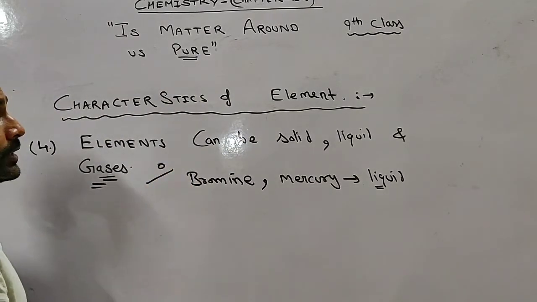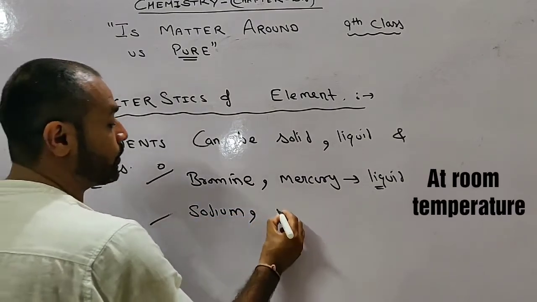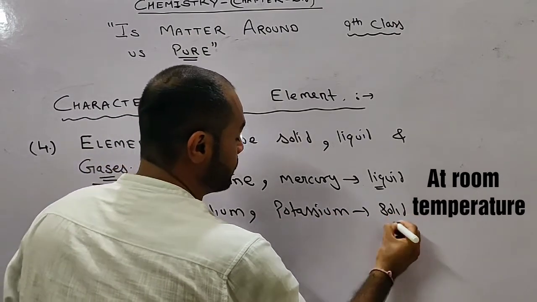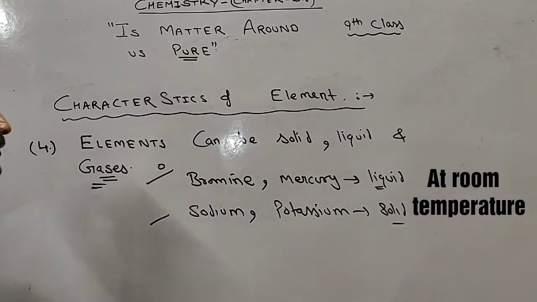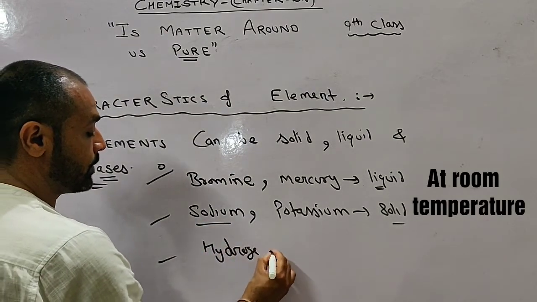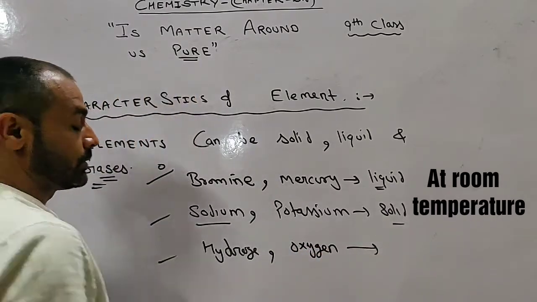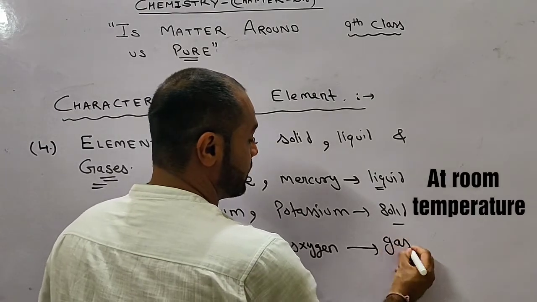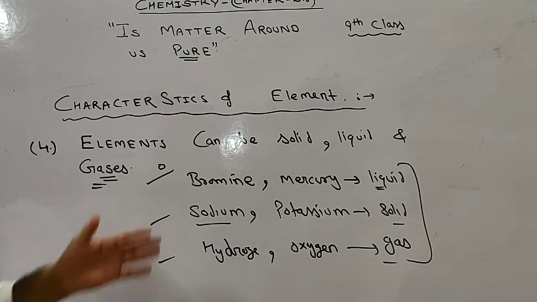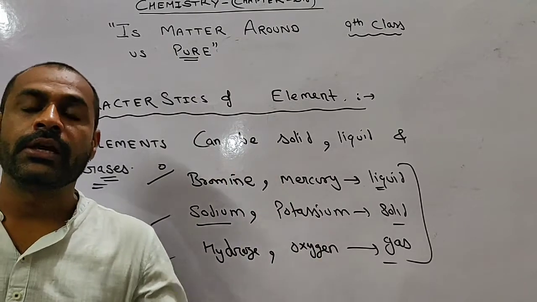You might have heard about sodium and potassium. They are solid at room temperature. And the other ones are hydrogen and oxygen, which are gases at room temperature. So there are different phases of the elements we can see all around.